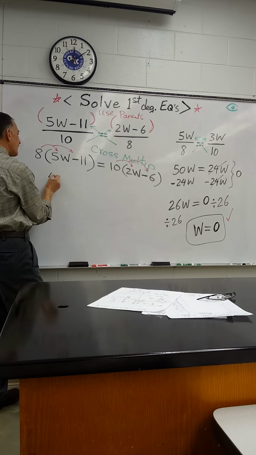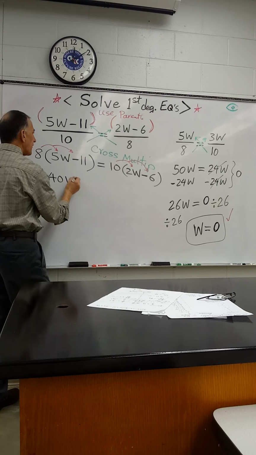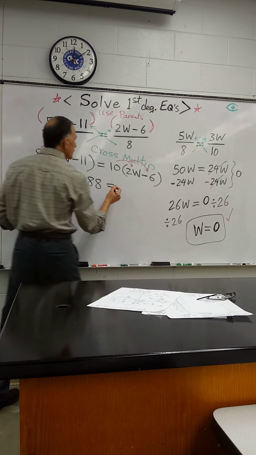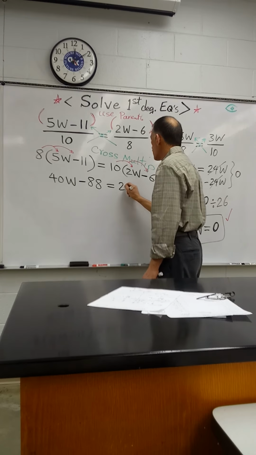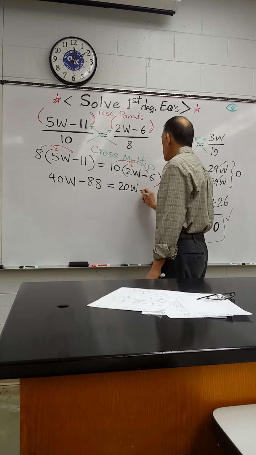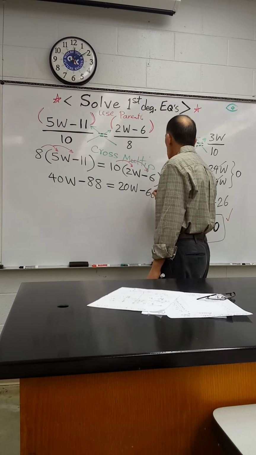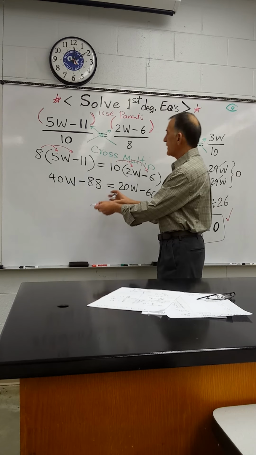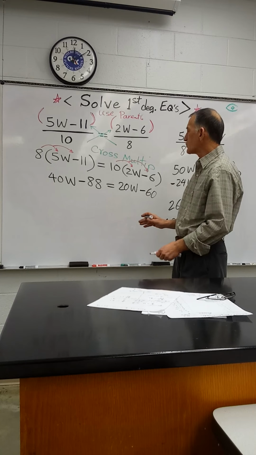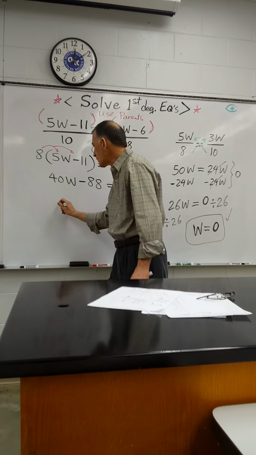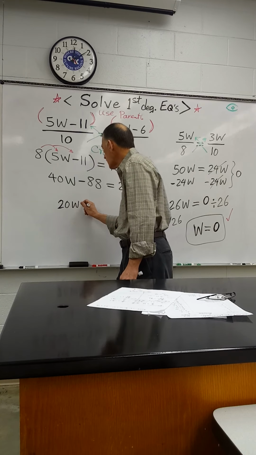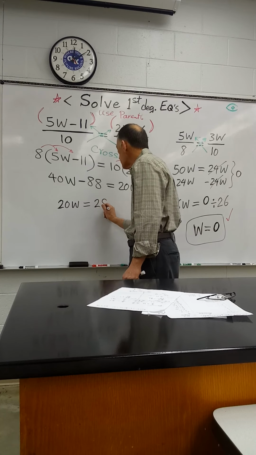So you're going to get 40w minus 88 equal to 20w minus 60. Then what it comes down to, after I move all my w to one side and all my numbers to the other side, it comes down to 20w equal to 28.